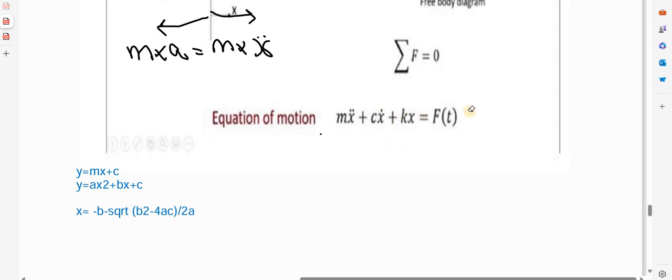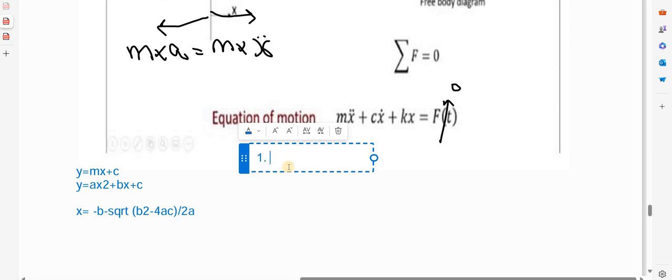This is our equation. Now here sometimes this force may be 0. If this force is 0, then it is known as free vibration.